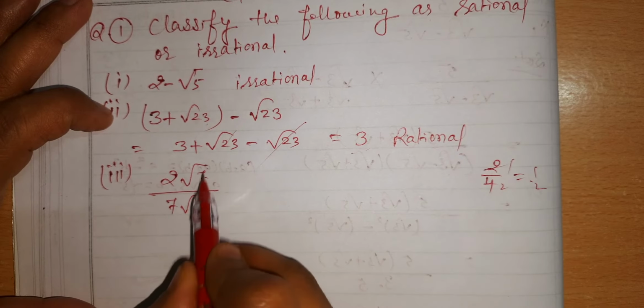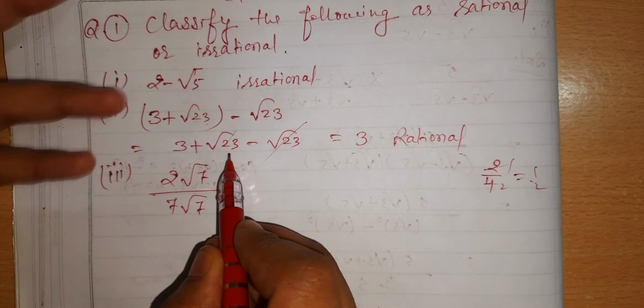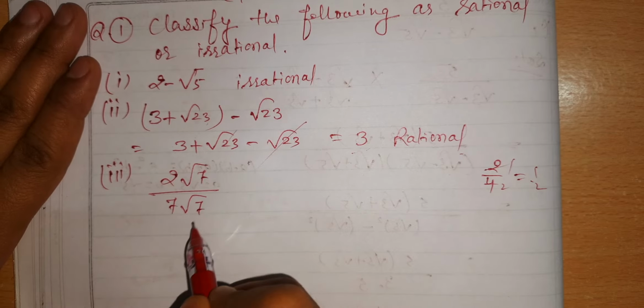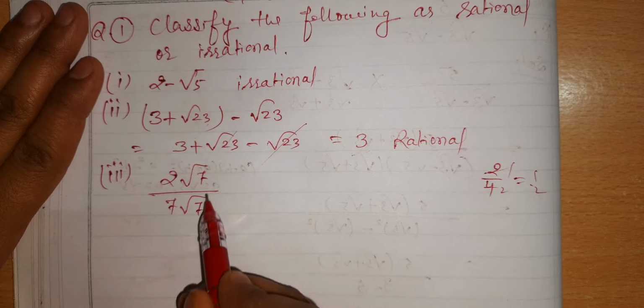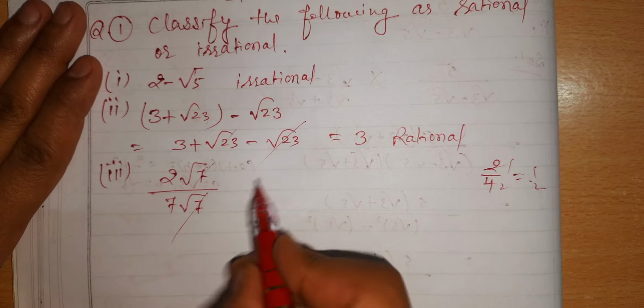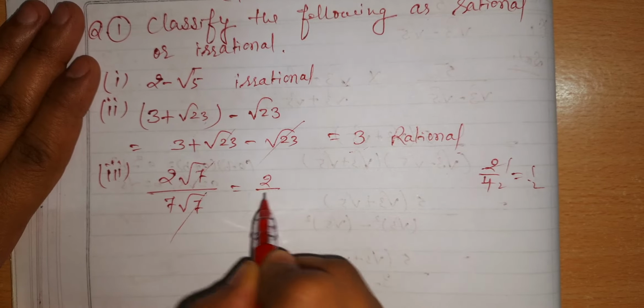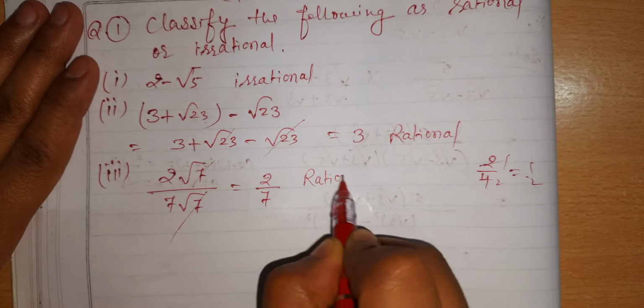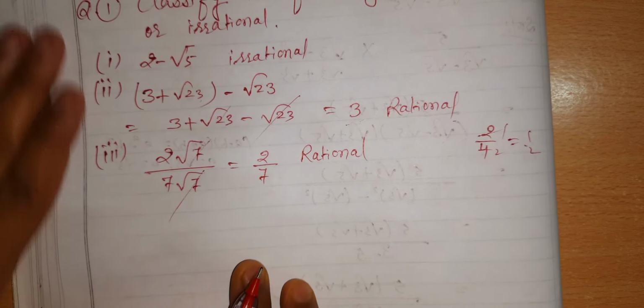So here when you observe, we can simply cancel out root 7 and root 7. We'll get 2 by 7, and 2 by 7 is a rational number.